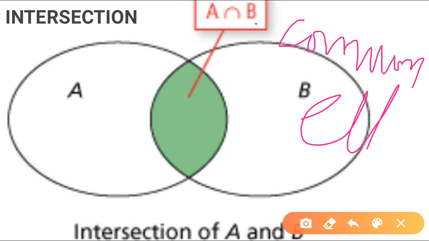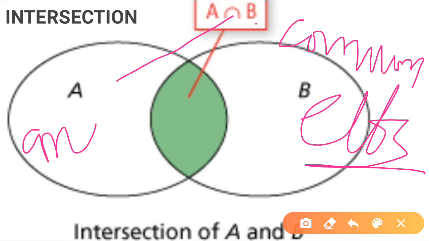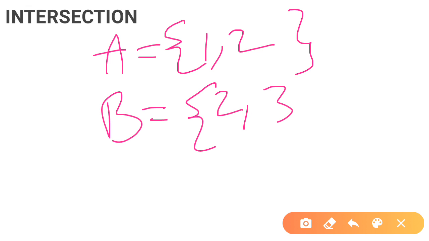In words we write "and": A and B. Again I'm taking the same example, A equal to {1, 2} and B equal to {2, 3}.